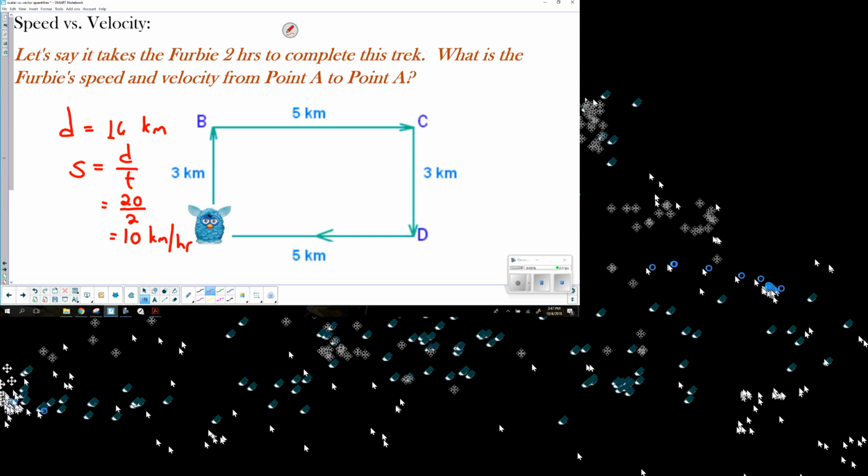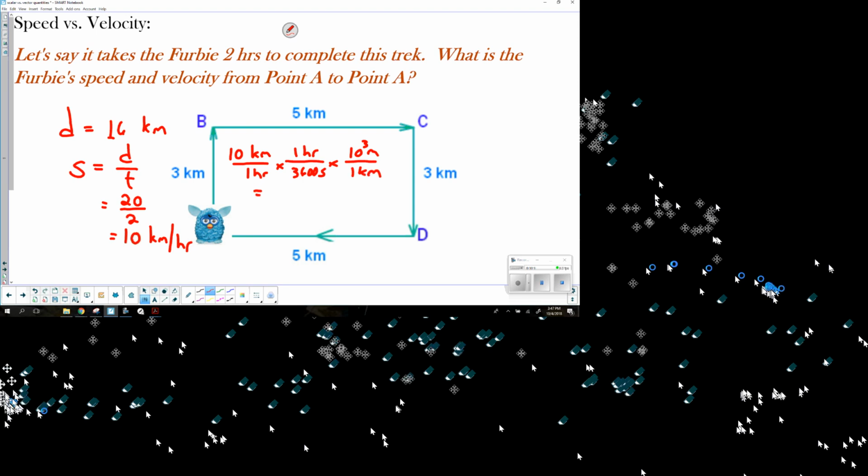Now, I could translate this into meters per second by saying 10 kilometers in 1 hour, times 1 hour is 3,600 seconds, times 10 to the third meters in 1 kilometer.